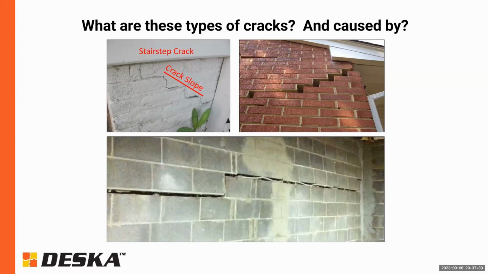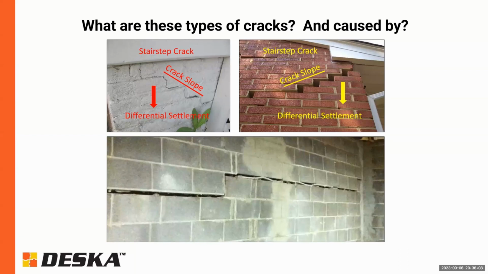And usually, what that tells us is that the low side of the crack here is the side that's settling. It's a little bit intuitive. If the high side of the crack were to be settling, then the crack probably wouldn't have opened as it did here. The same thing on the other side here. You see the diagonal slope of the crack, and essentially the low side of that slope is the side that is settling.